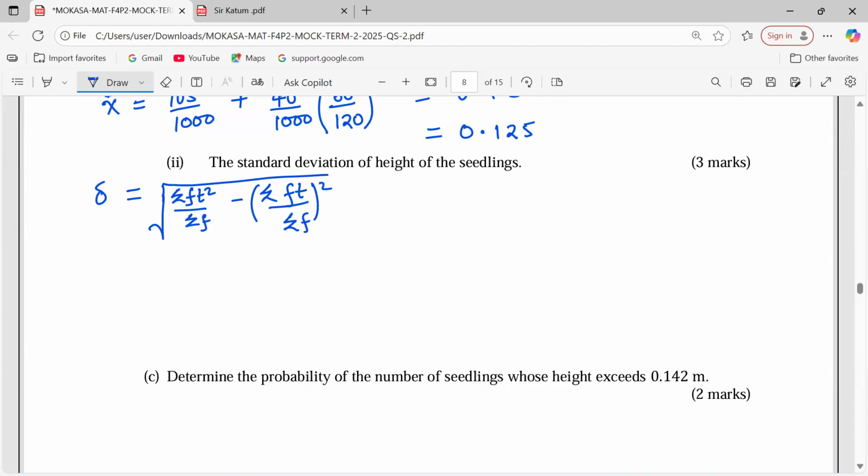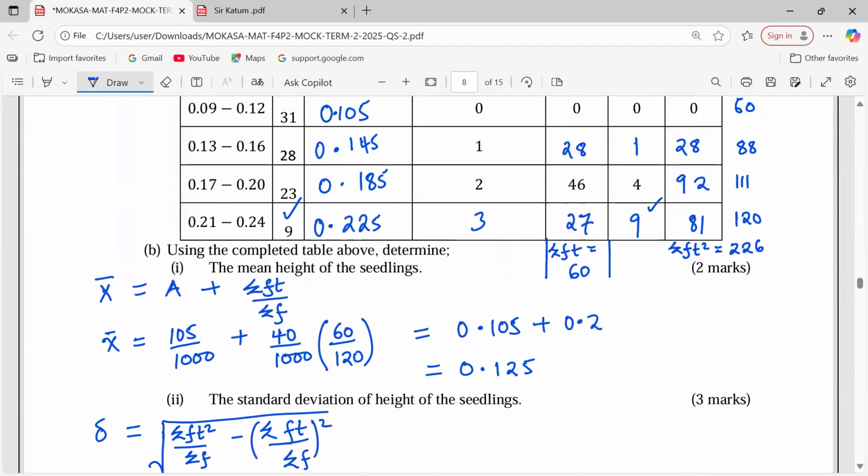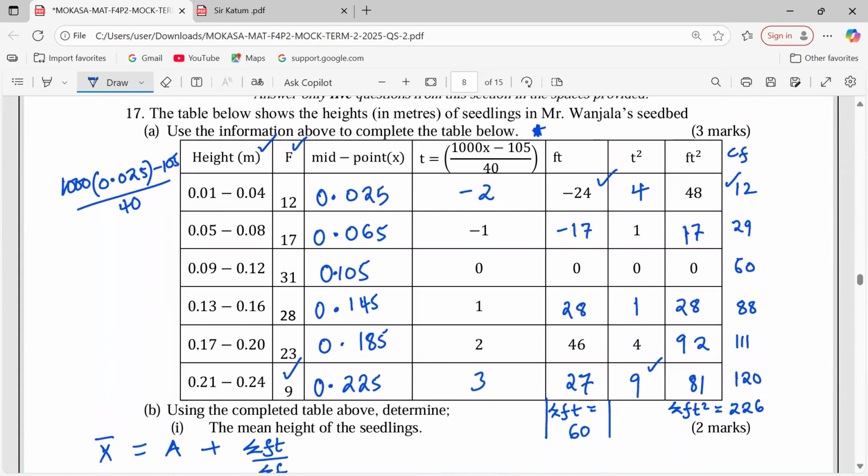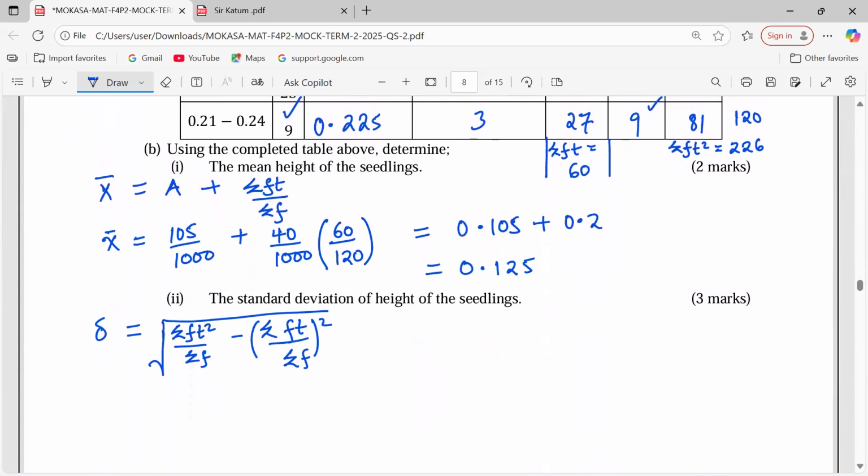But now in this case, we had multiplied by 1,000 and divided by 40 at this point. Then now we should multiply by 40 and divide by 1,000.